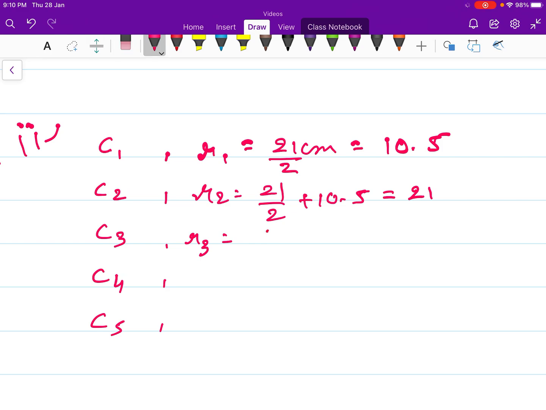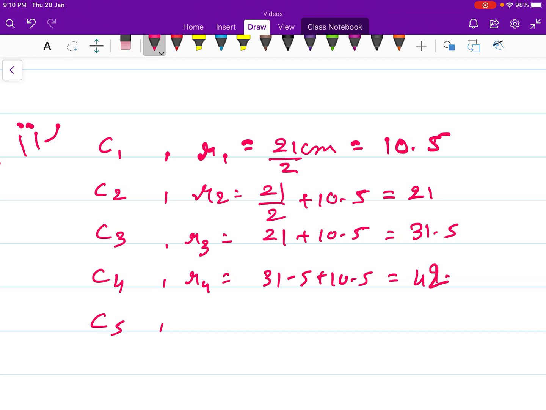R3 will be 21 plus 10.5, which is equal to 31.5. R4 will be 31.5 plus 10.5, which is equal to 42.0, and R5 will be 42.0 plus 10.5, which is equal to 52.5.